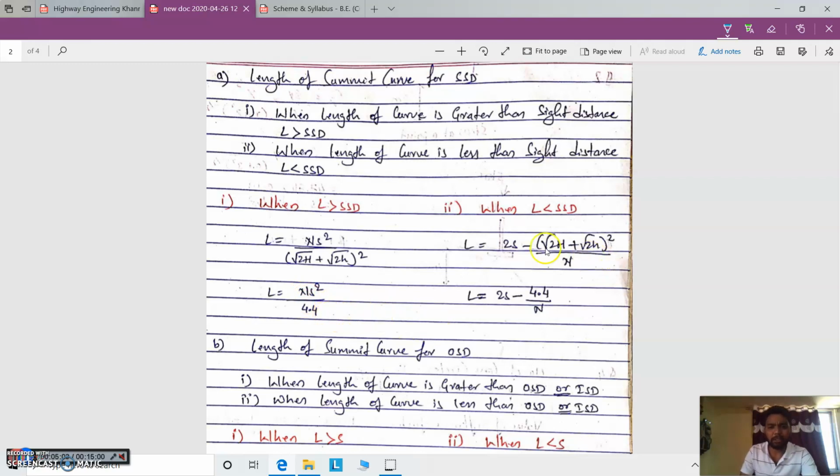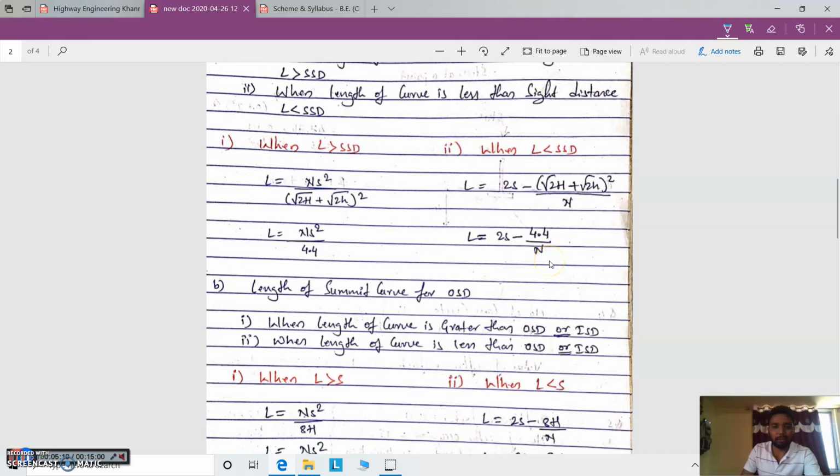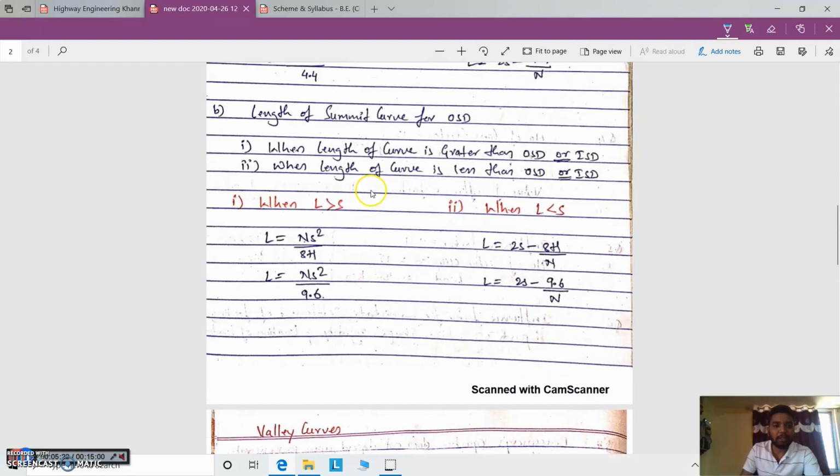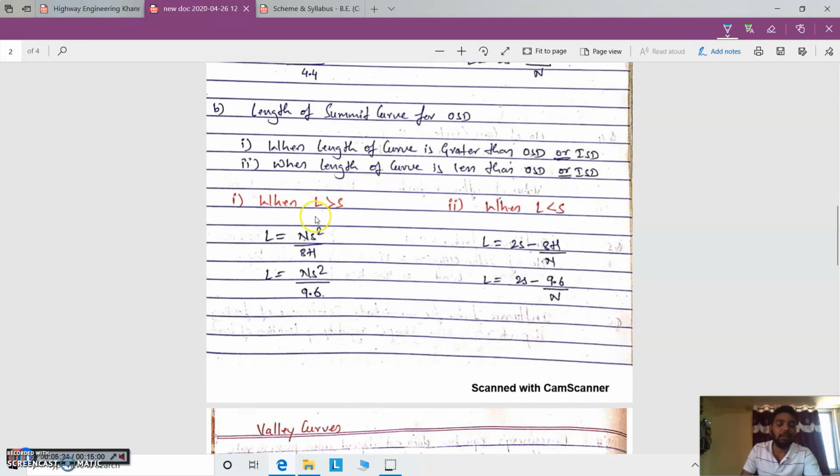Similarly, when the length of the curve is less than the stopping sight distance, we can consider this statement. The derivation on this content is already shared in the previous videos. The length of the summit curve for overtaking sight distance is considered when the length is greater than the overtaking sight distance, and when the length is less than that sight distance.